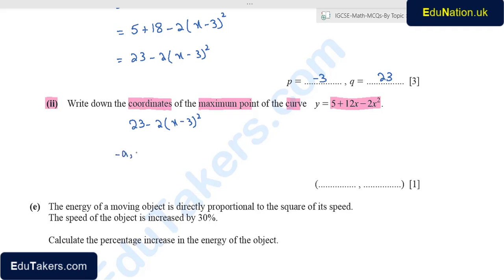From this, minus a and b is 23, which is equal to 3, 23.